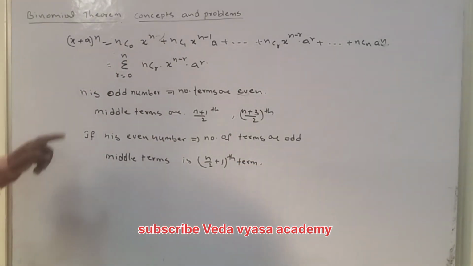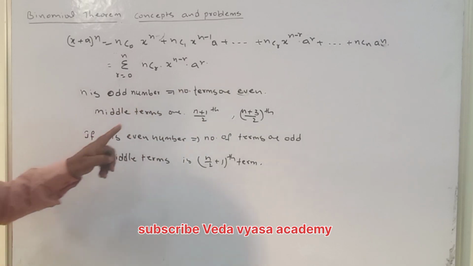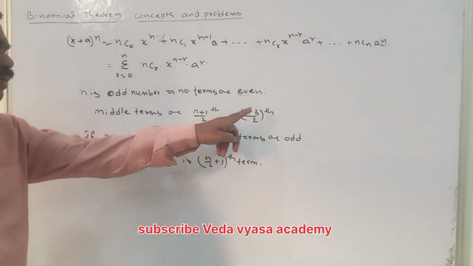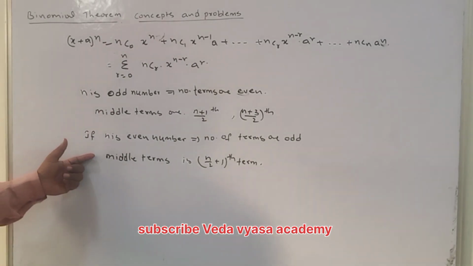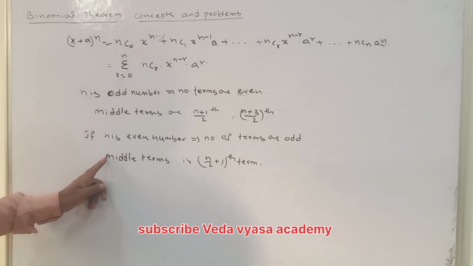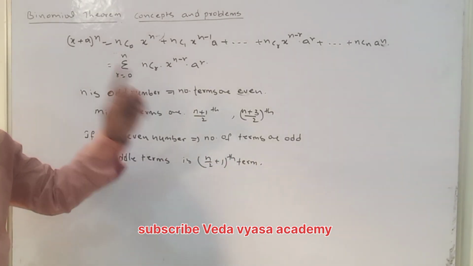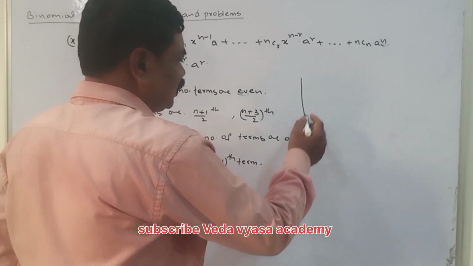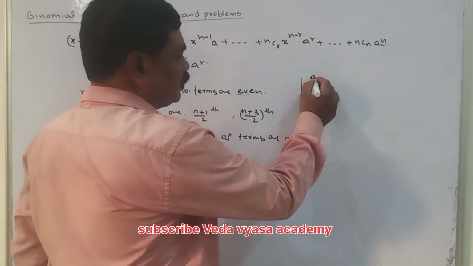So if n is odd, the number of terms is even, and the middle terms are the (n + 1)/2 th and (n + 3)/2 th terms. If n is even, the number of terms is odd, and the middle term is the (n/2 + 1)th term.